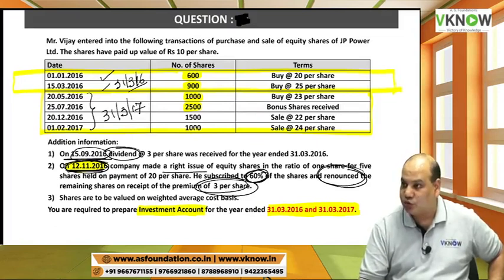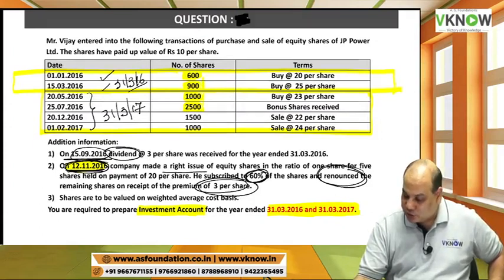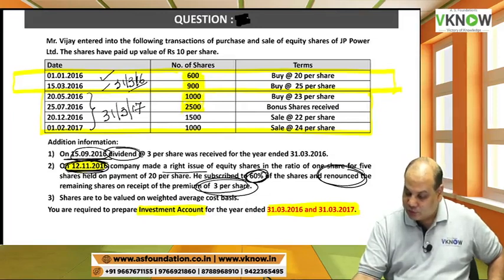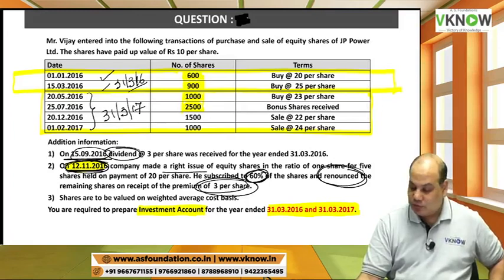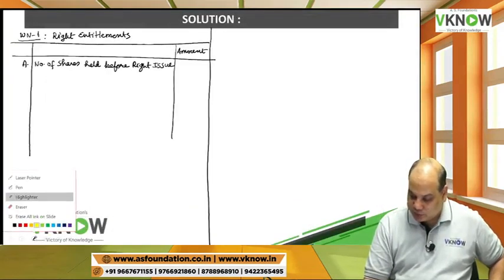But not the last two, those were sold after that. But the bonus share was received before that. So later on, on bonus shares also you will be getting right shares. Don't worry. So you will add 600, 900, 1000 and 2500. So the answer is 5000.